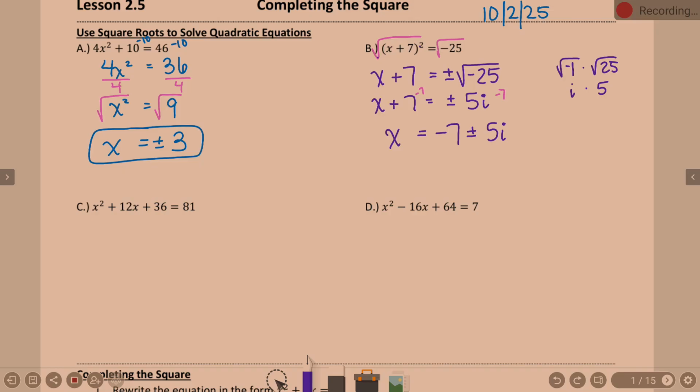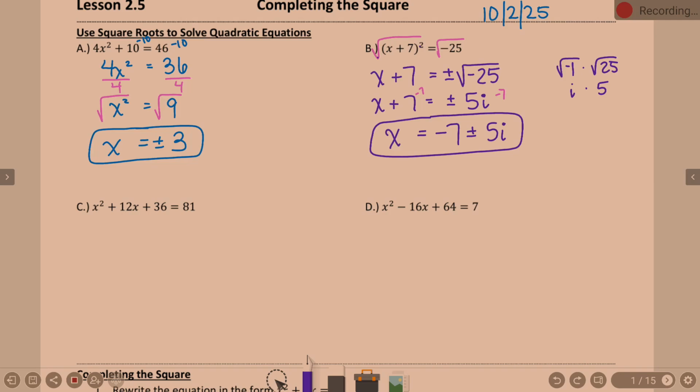Can I go any farther? No, because 7 and 5i aren't like terms. So your answer is x equals negative 7 plus or minus 5i. How many answers do I have there? How many answers does that represent? 2?